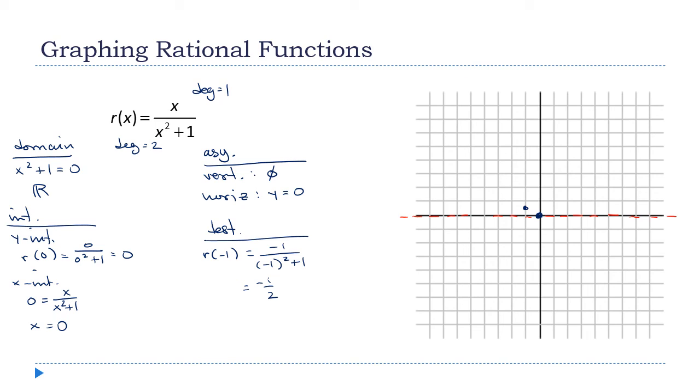Now, let's do the right, because I know what the left-hand side looks like now. It's going to start off here by the asymptote, and it's going to increase to here, turn around, and drop back down to my intercept. Whoa, sorry, I put that on the wrong side. That was -1/2. It should be down here.